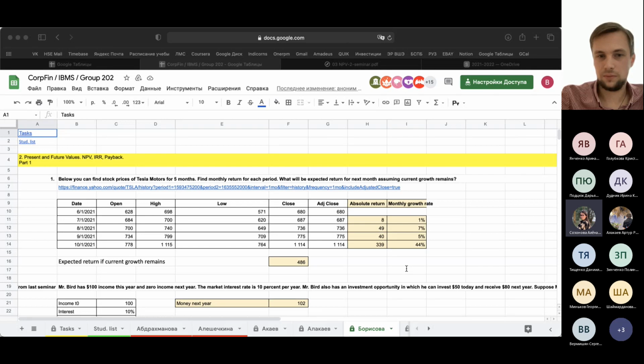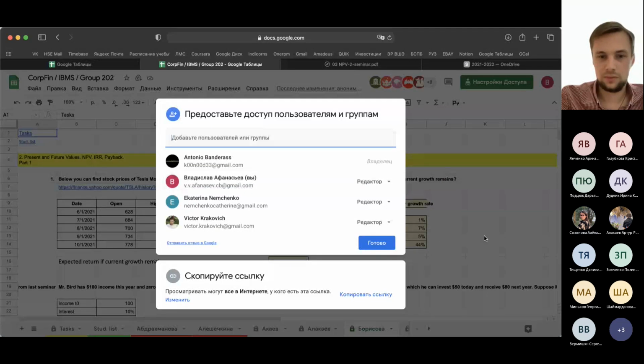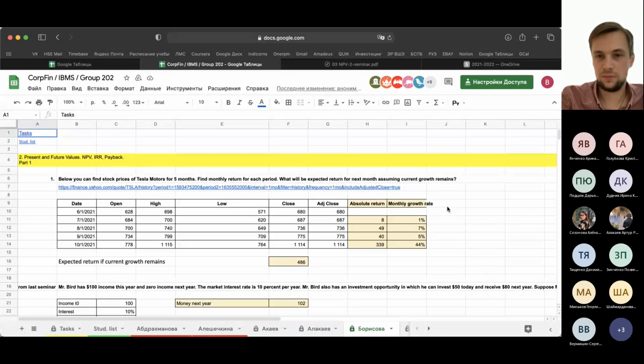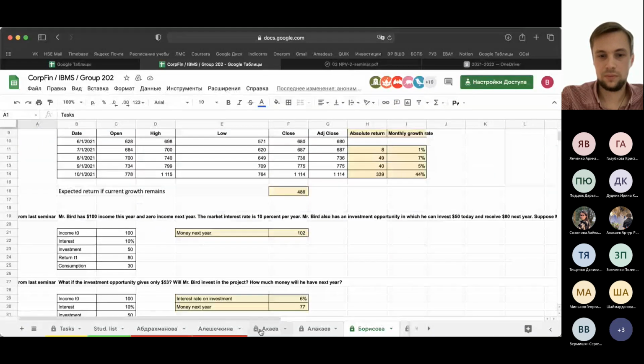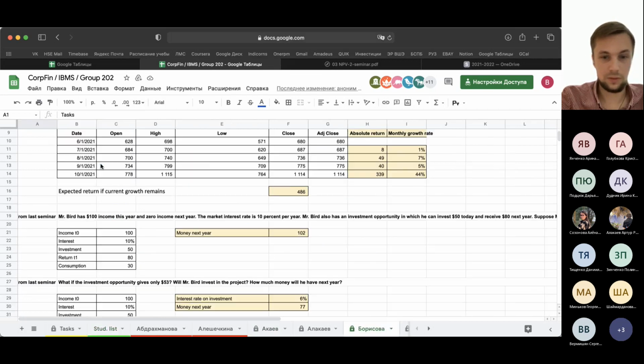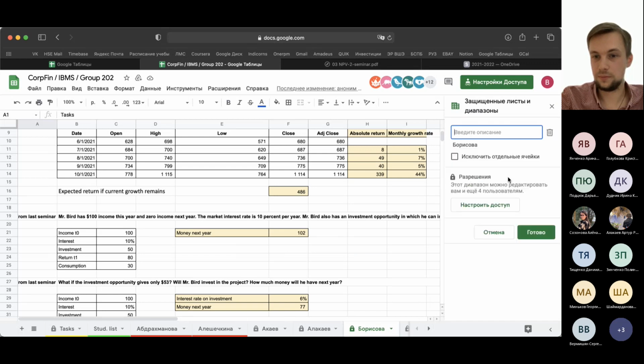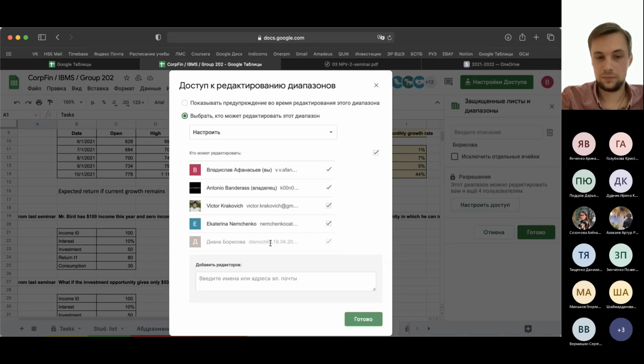Maybe we need to check the access settings button. So please try to do it via the link. Well, but you have the access. For example, Diana, let's look at your tab. Well, that's strange. So you also do not have access, Diana?